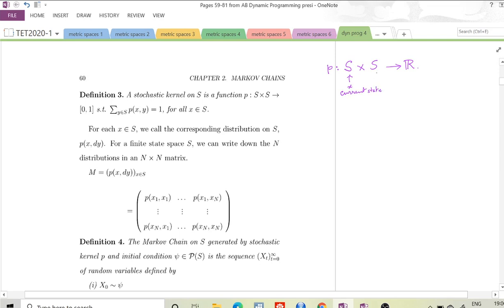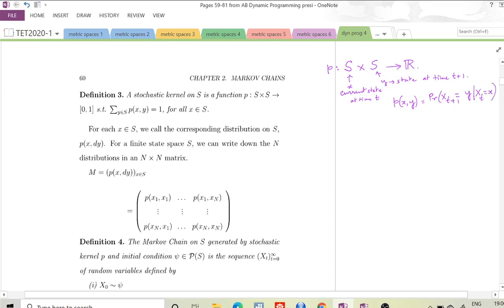And the state that we are going to pull out of here, call it y, is going to be the state tomorrow. Current state or state at time t, then y will be the state at time t plus 1. And the probability p of x comma y will be the probability that the state x_{t+1} is equal to y, given that the state at time t, x_t, is equal to x.